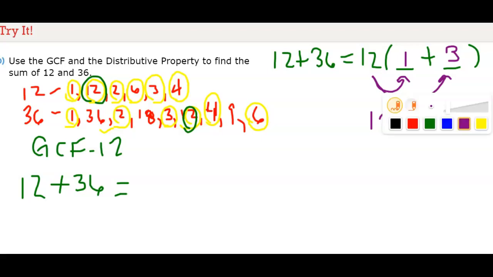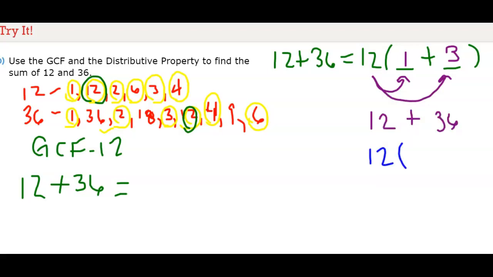But let me use a different color to show you order of operations. I'll use blue. 12, and then 1 plus 3 is 4, and then 12 times 4 is 48. And so that's how you find the sum using the GCF and the distributive property.